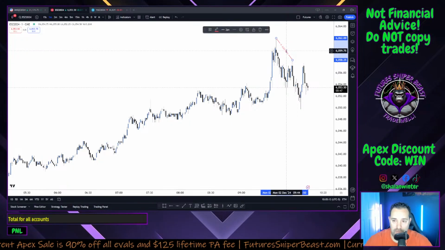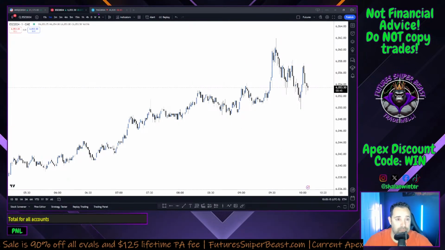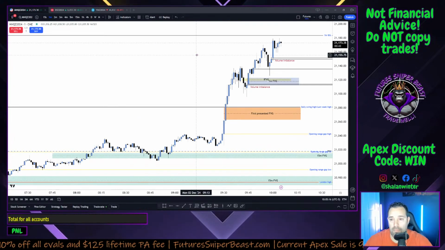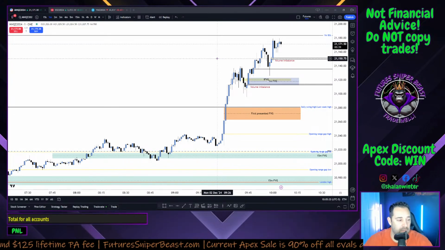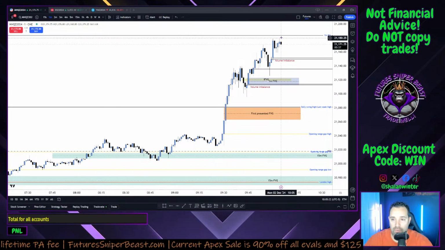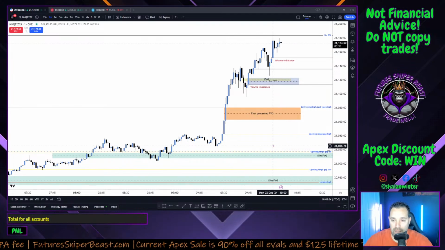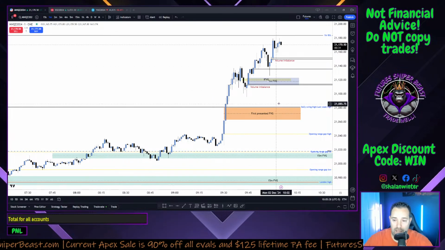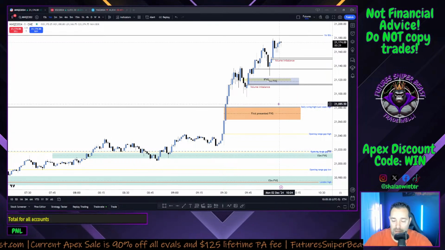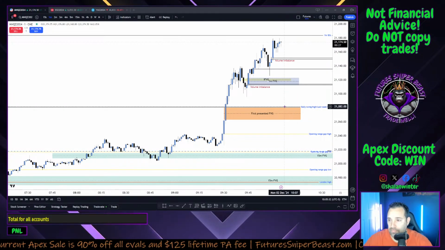That's divergence. And that's even more reason for me to believe we're going to pop right through here and then head down. How far we head down, not sure, but I like this area for this as a target.